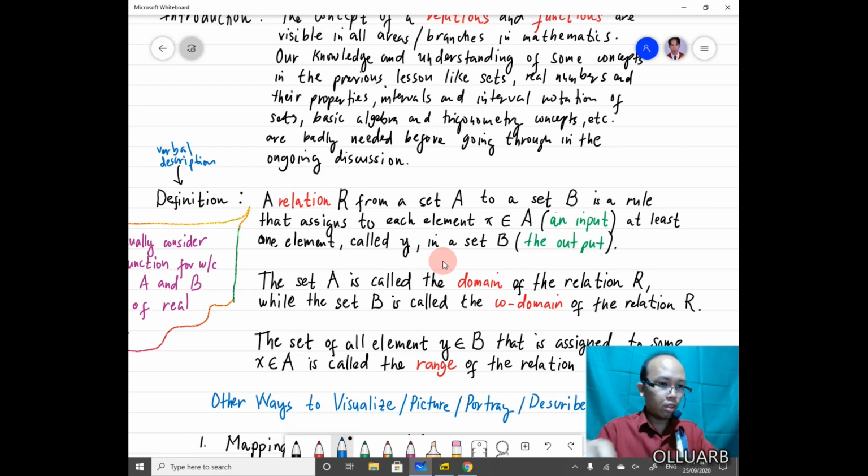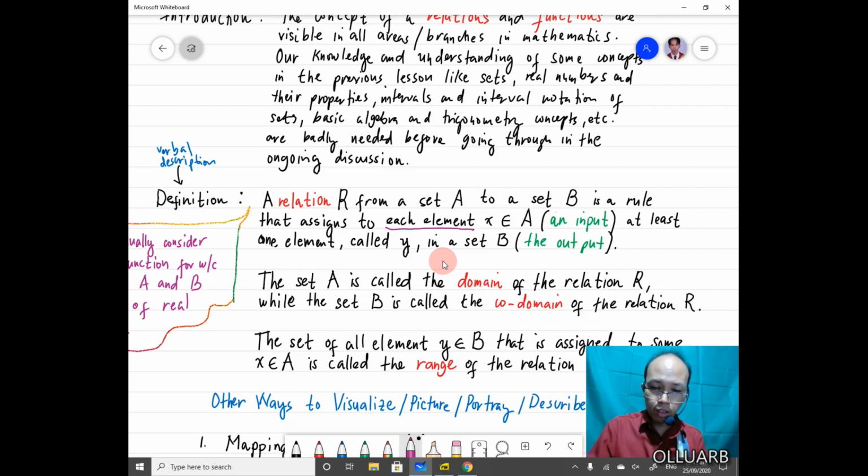And notice here there is a very important word that you have to analyze, which is the word each element. That word is very important in the set A. What do you mean by each element?